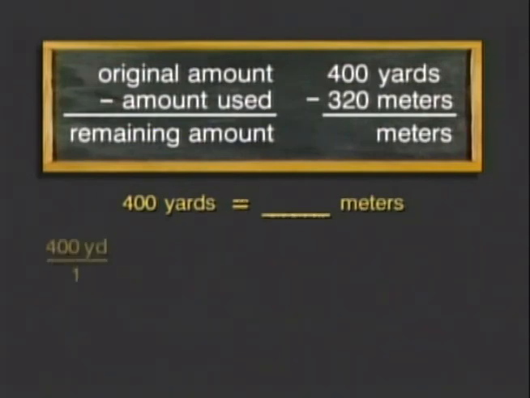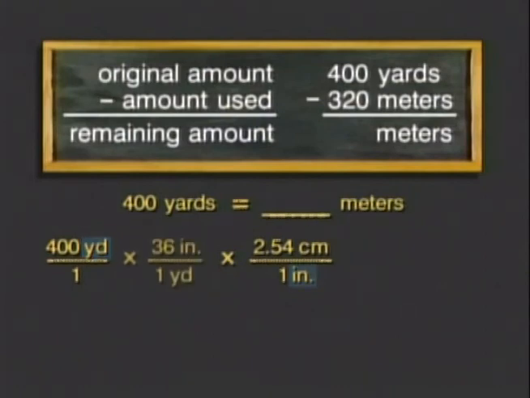We'll start by writing 400 yards as a fraction. Next, write a transition factor. We're converting to a metric unit, so the transition factor will have to be 2.54 centimeters over 1 inch. Now write a unit conversion factor that allows us to cancel the U.S. customary units, yards and inches. 1 yard equals 36 inches, so we can use the factor 36 inches over 1 yard.